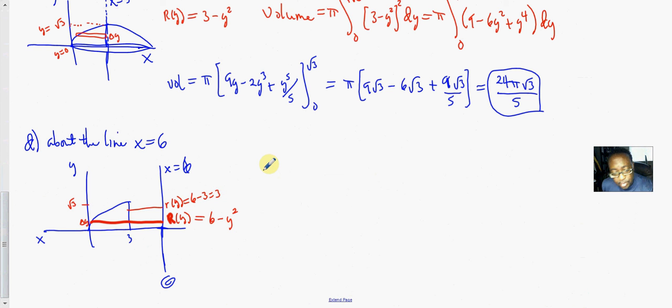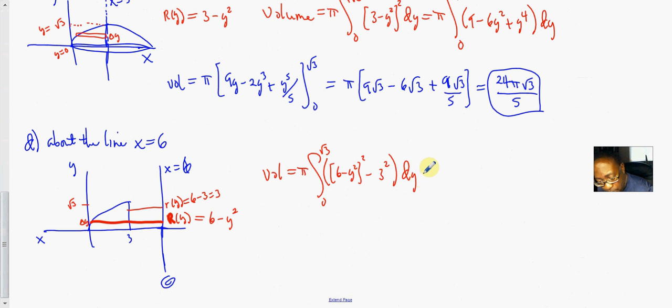So we can calculate this volume. This is pi times the integral from 0 to the square root of 3. It's the washer method, capital R to be squared, 6 minus y squared to be squared, minus little r to be squared, minus 3 squared dy.